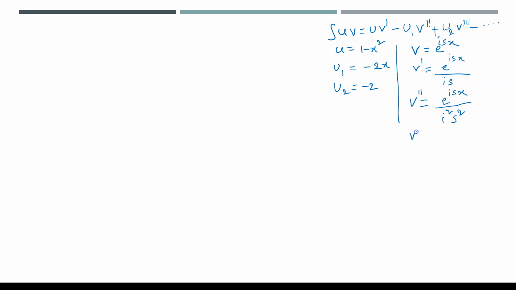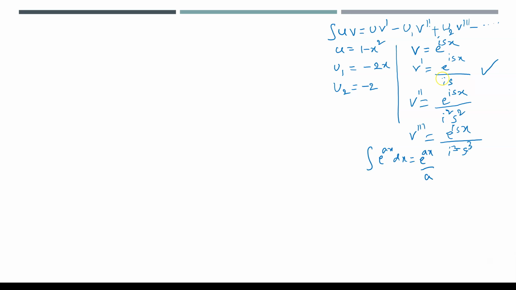Then v triple dash equals e power isx upon i cube s cube. Now, integral e power ax dx equals e power ax upon a.